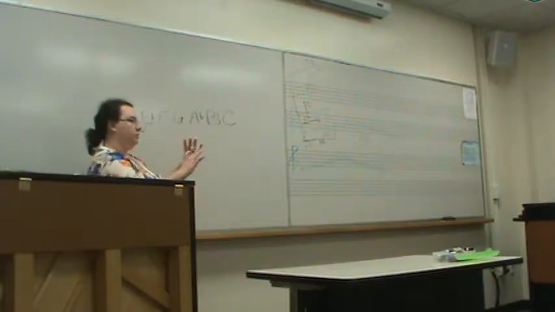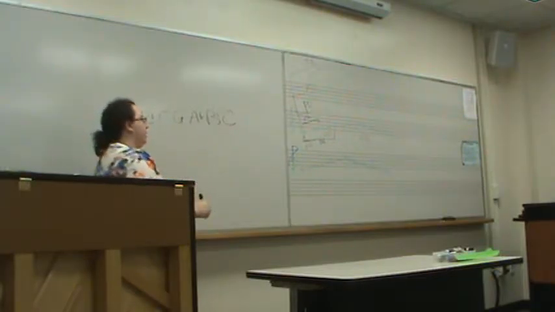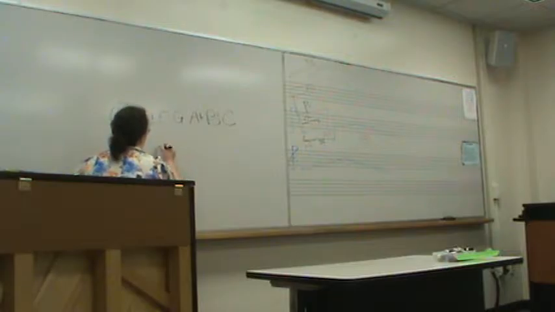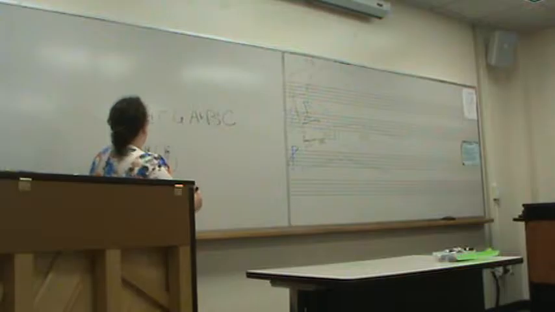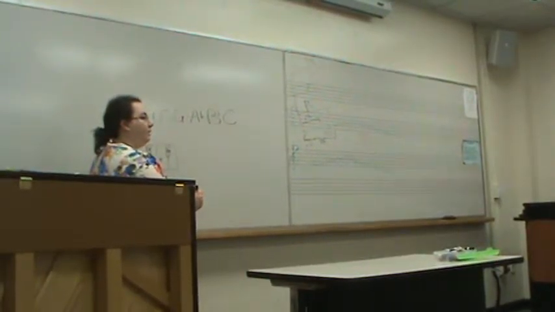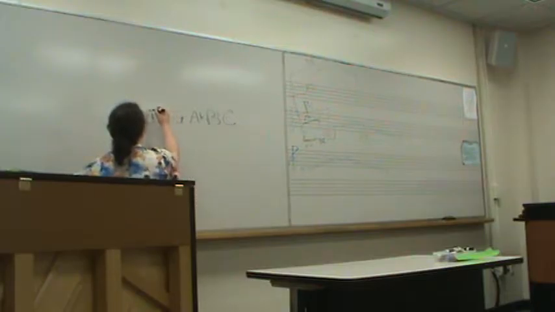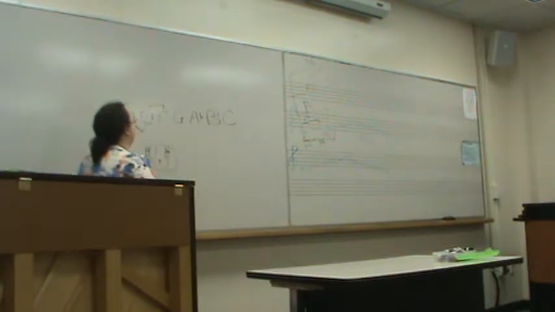Because on the piano, remember looking at the keyboard, you have E, F, and then you would have F sharp. And over here, you would have the E flat. So that's a half step, and then another half step, or two half steps make a whole step. So that was good for you guys, trying to trick you.